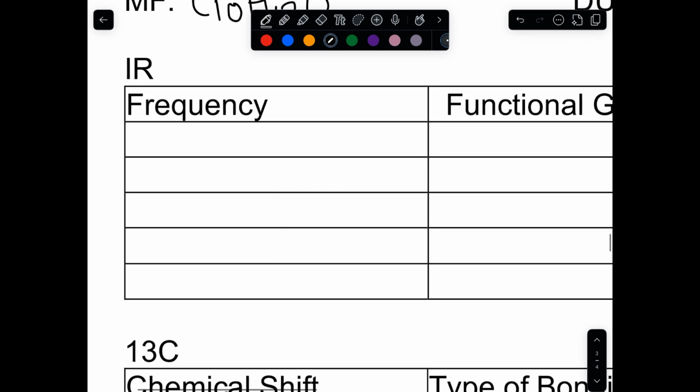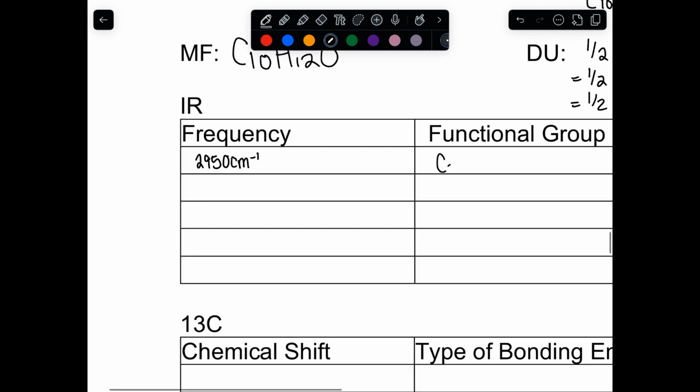So then putting that into our table here, we have a frequency of 2950 centimeters to the -1, and I identified that functional group as a CH stretch. The following was around 1715 centimeters to the -1, which I identified as the C double bond O stretch, specifically a ketone.